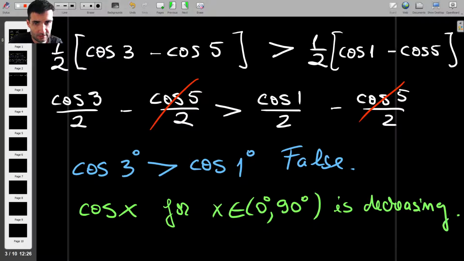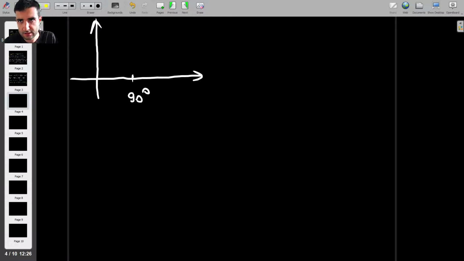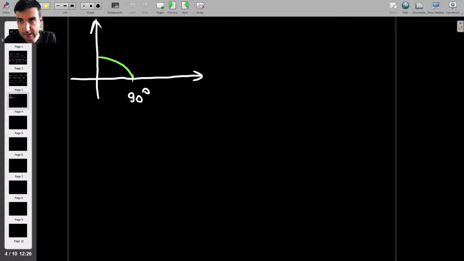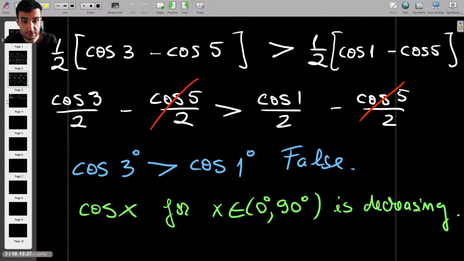This is a decreasing function, and you should know this because if you think of how the cosine graph looks, until 90 degrees, the cosine starts at 1, and then it does something like this. So it's a decreasing function, and a decreasing function has the property that if x2 is greater than x1, then cosine of x2 is less than cosine of x1.